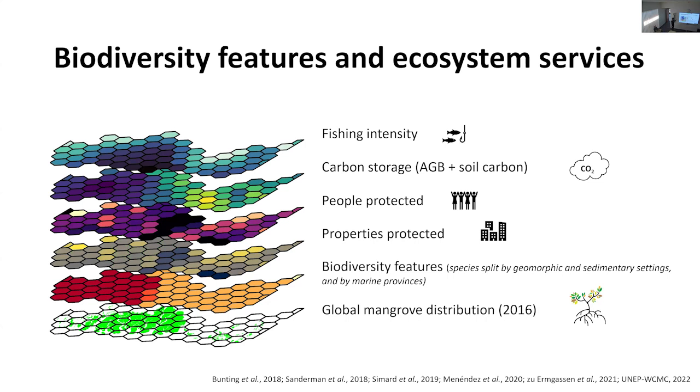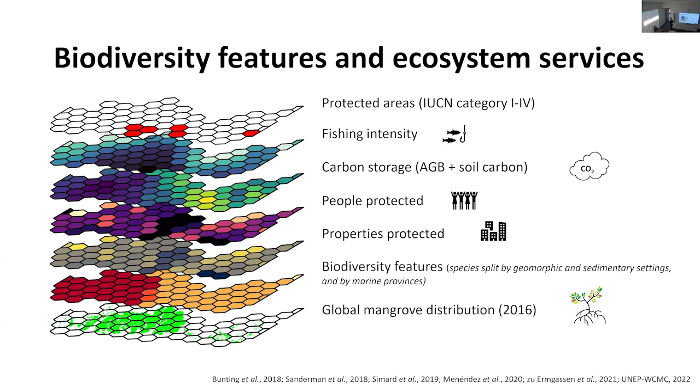And then with some ecosystem services, we focused on the value of the properties that were protected by mangrove, and the number of people protected, the carbon stored by those mangroves, and the fishing intensity in those areas. And at the end, we also overlapped the protected areas network.